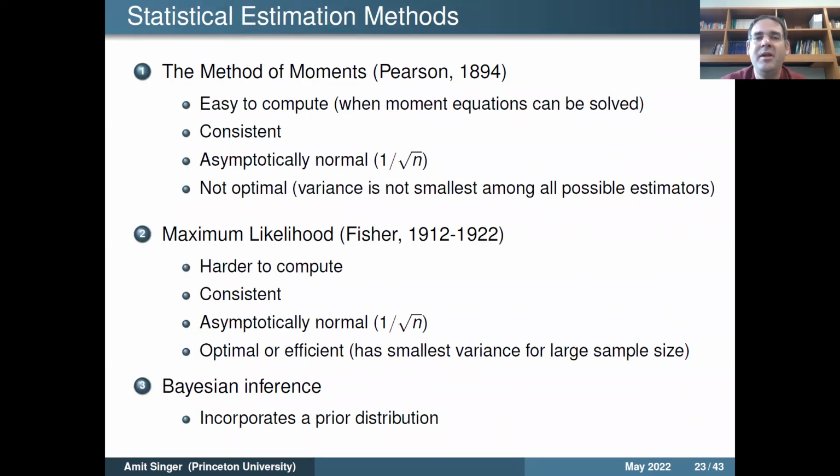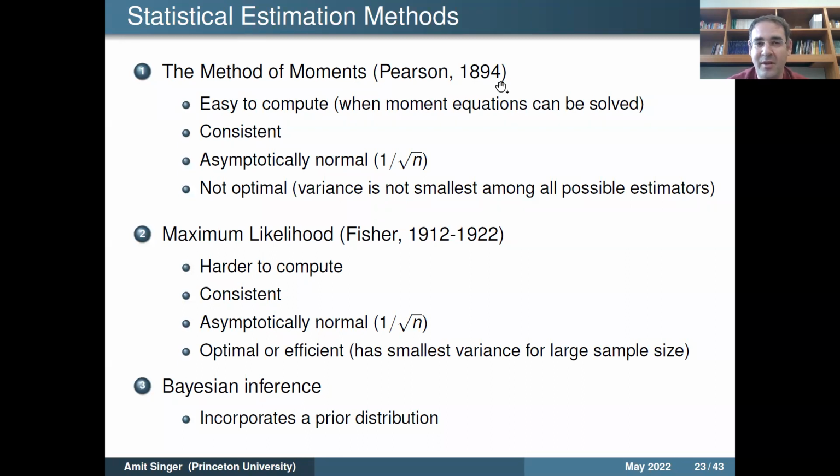So in statistical estimation, if you open any textbook on parameter estimation in statistics, the first method is the method of moments. This was proposed by Pearson at the end of the 19th century, and it is really easy to compute if you can solve the moment equation associated with it.